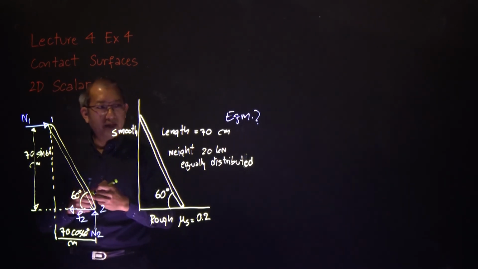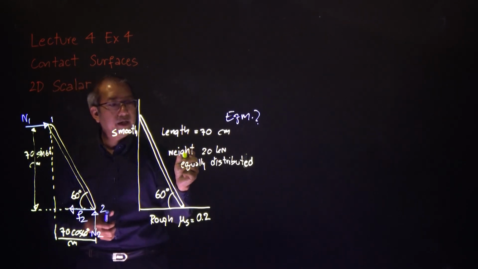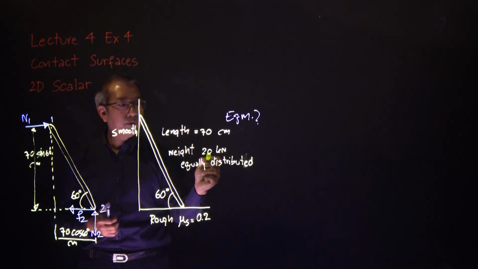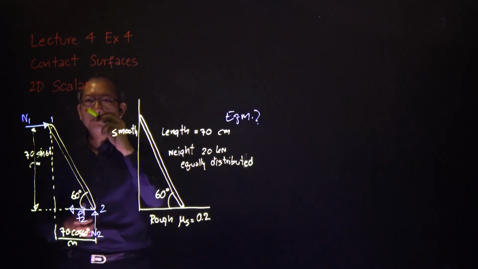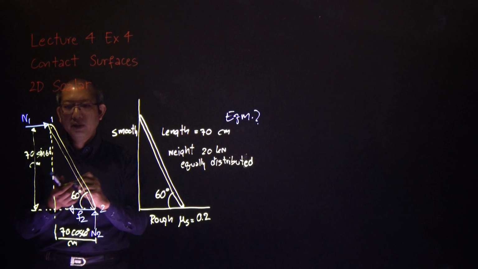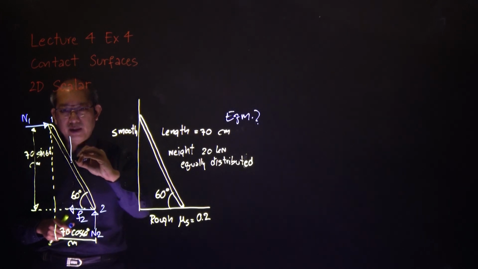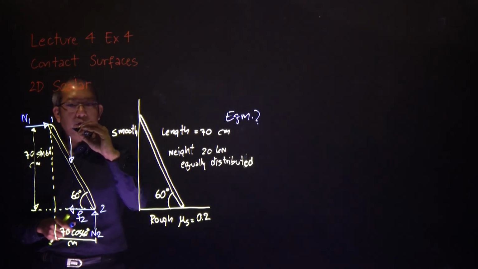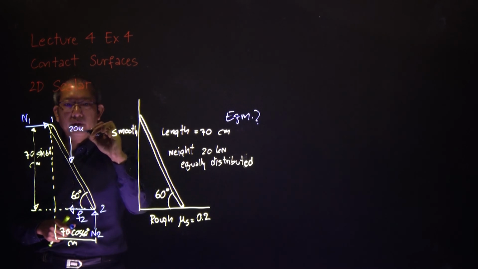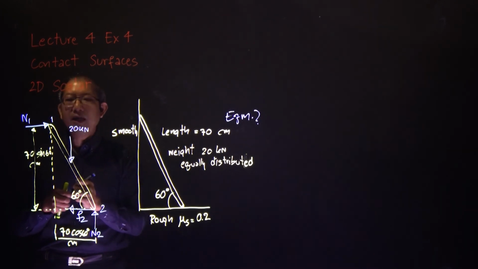Okay, and the weight. Again, the weight is 20 kilonewton. But what does it mean? It means it goes halfway. Therefore, there is another force going in the middle. In the middle, I have to say that one is 20 kilonewton. What does it mean by in the middle?